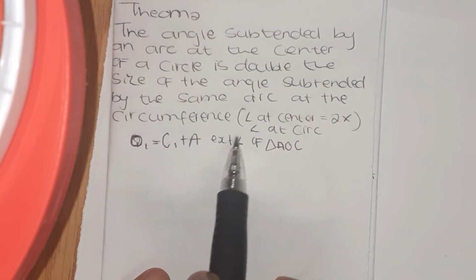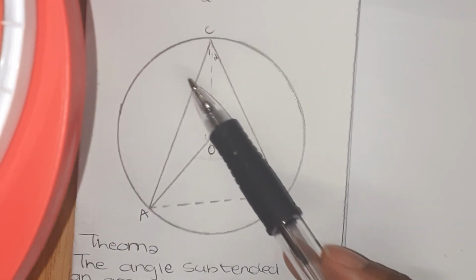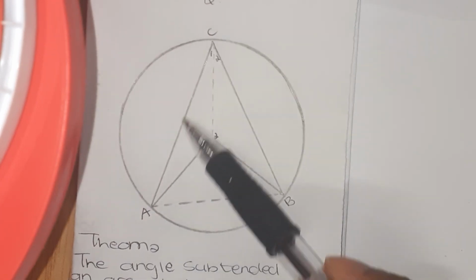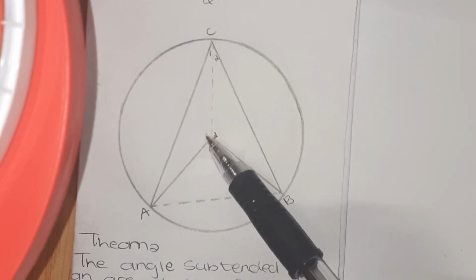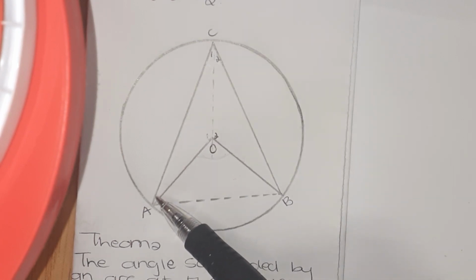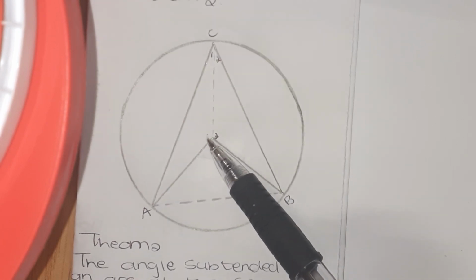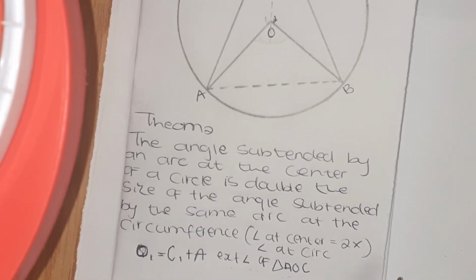That is an extended angle of a triangle. This AOC is an extended angle, right? So this equals this plus this, right? So this equals these two angles added together.